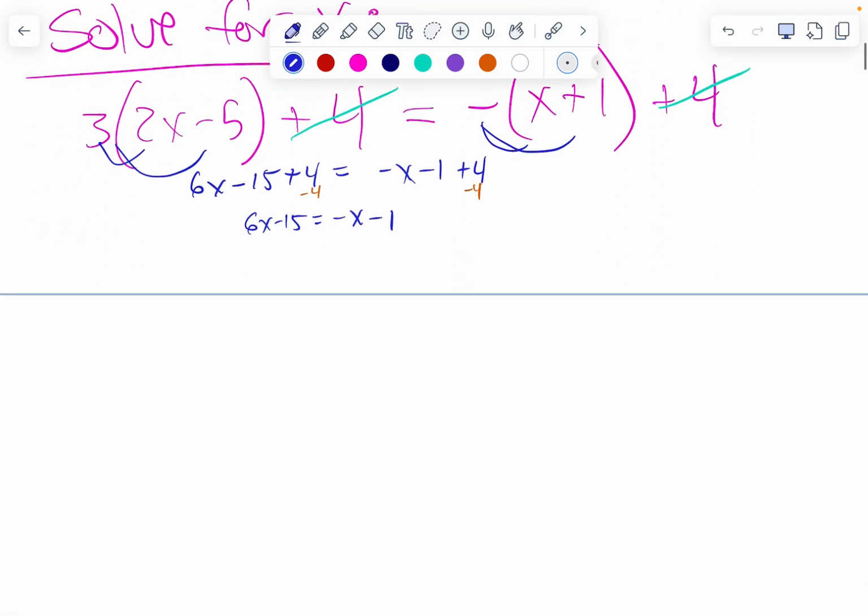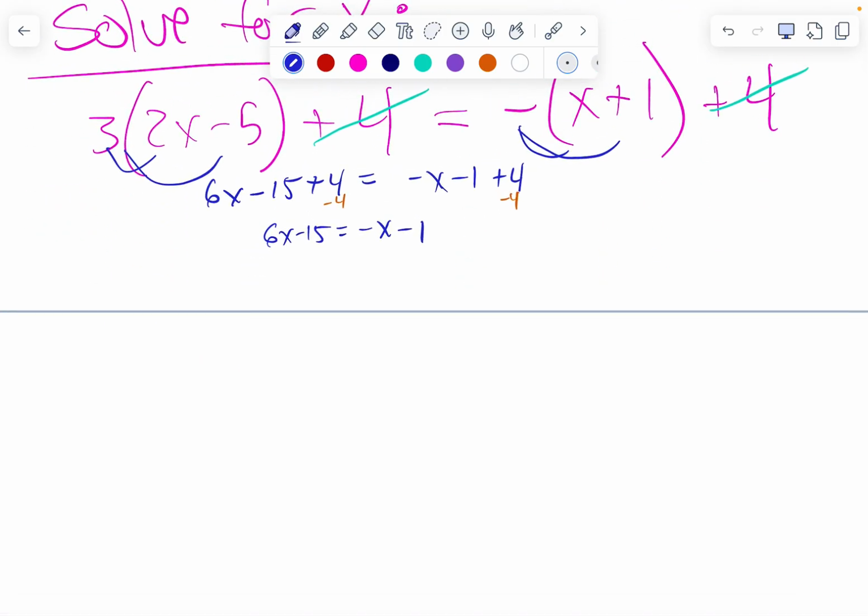Okay, what's a good next step? Get rid of the -1. How? Plus 1. Okay, now what? I'm going to bring this over here just to have a little bit more room.